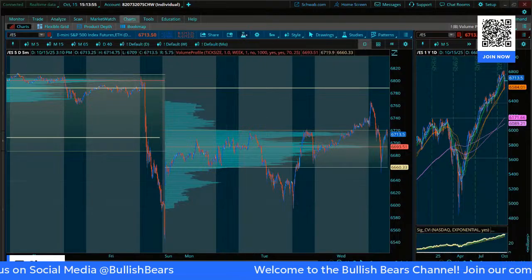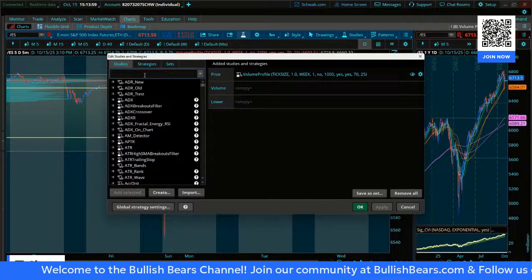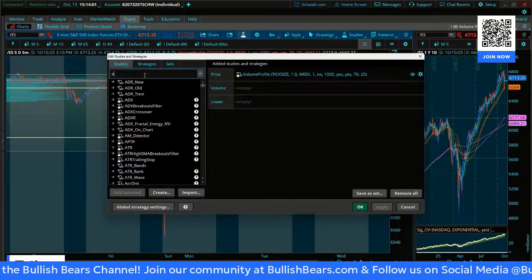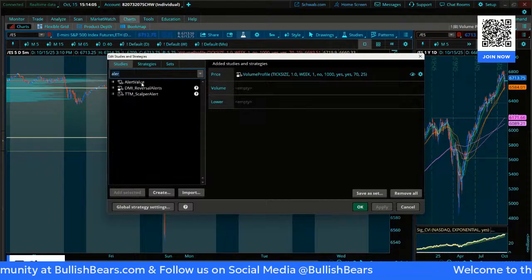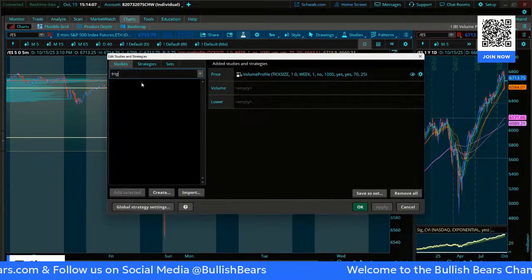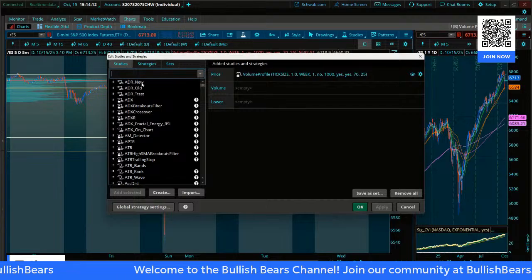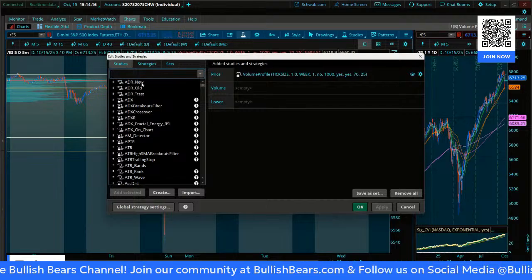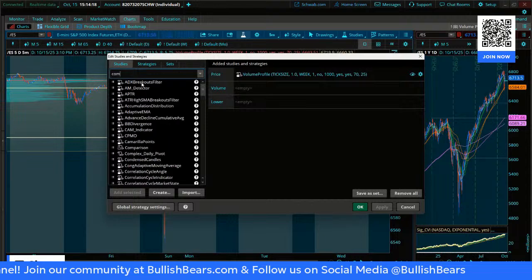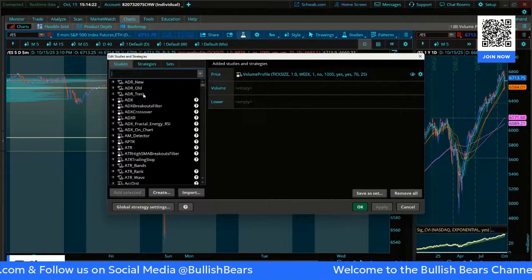Now, I built that one indicator for alerts to tell you they're all doing something at once, but seeing it is different. I know I got it in here.